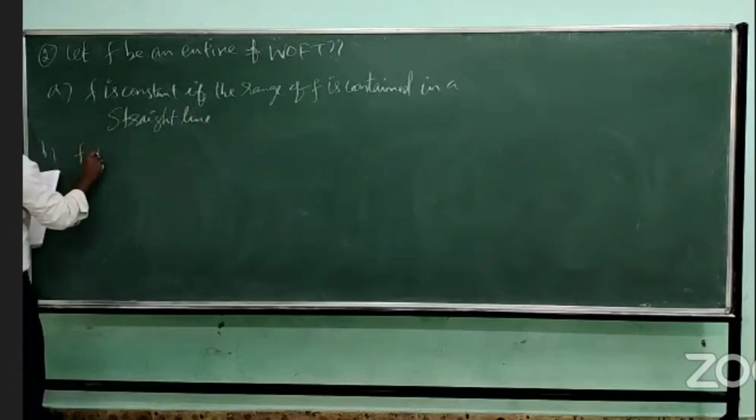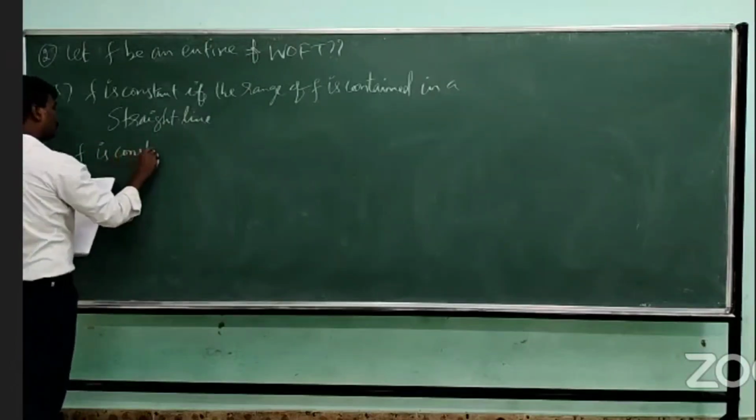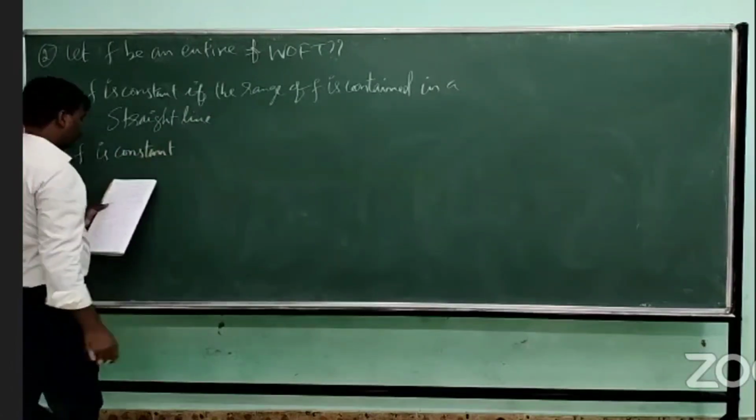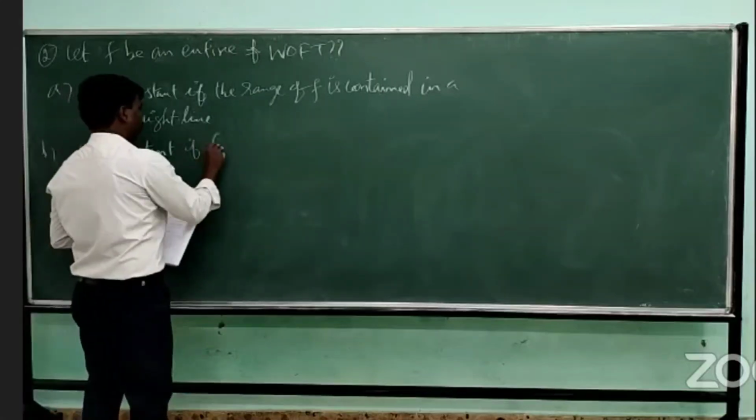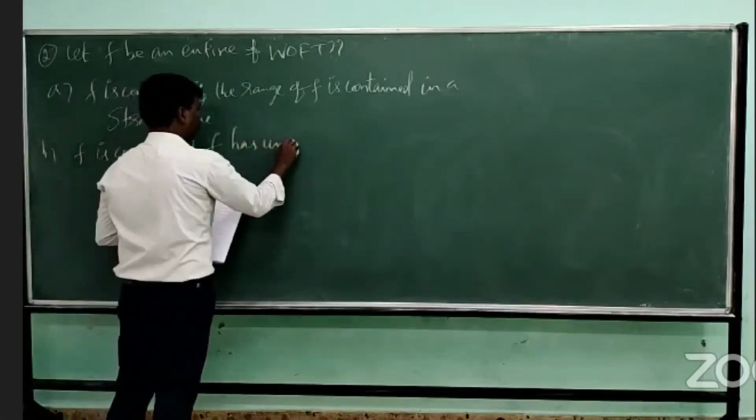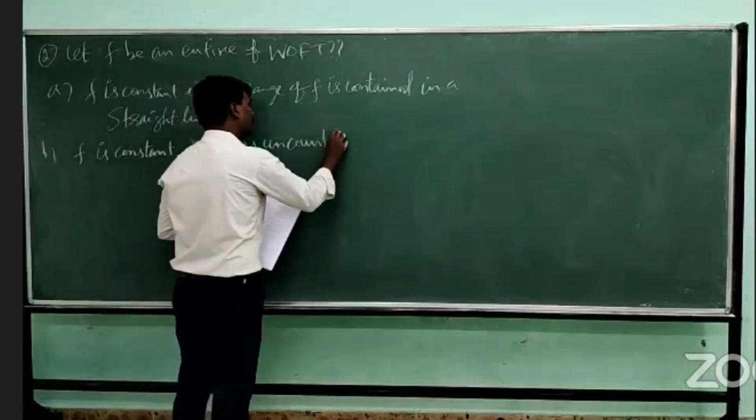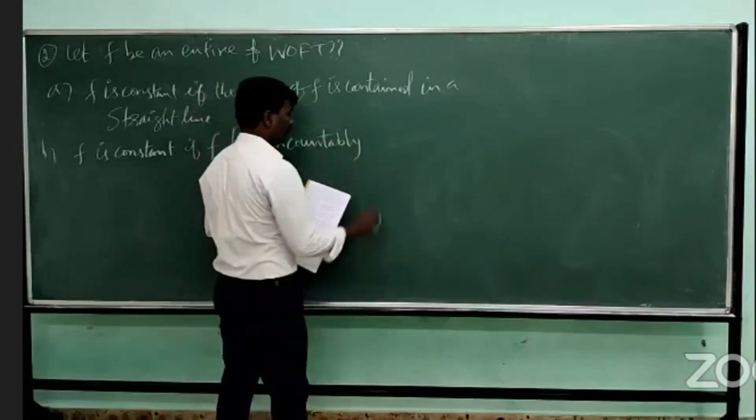Option B: f is constant if f has uncountably many zeros.